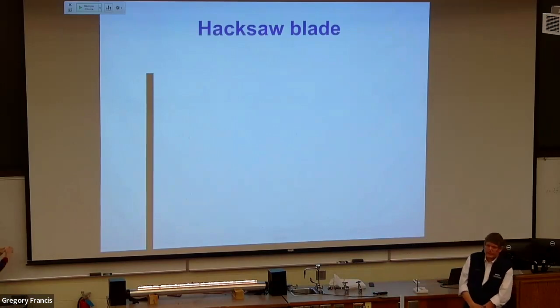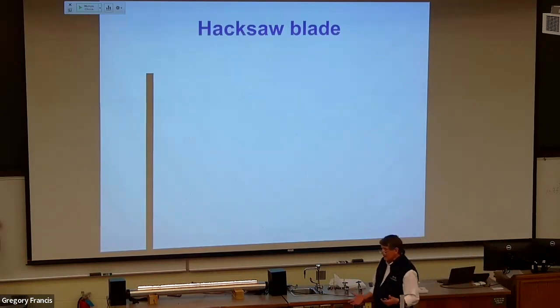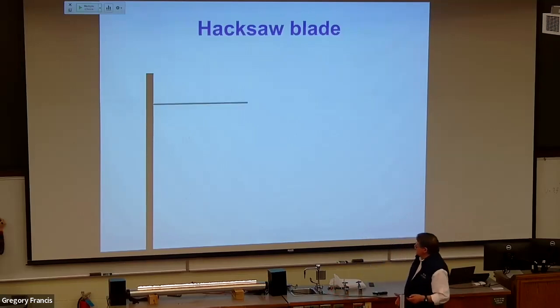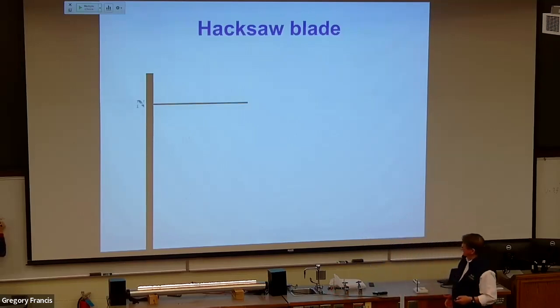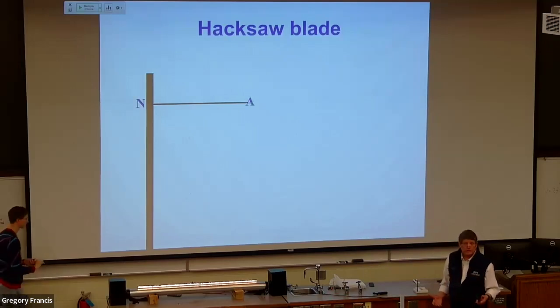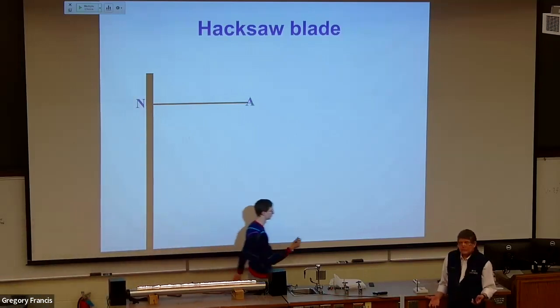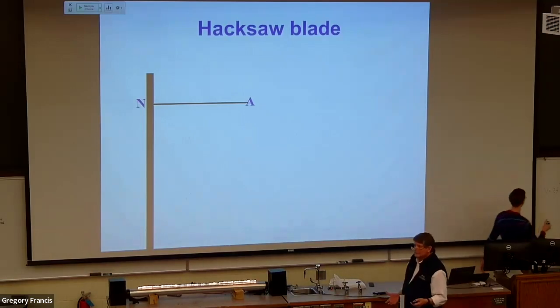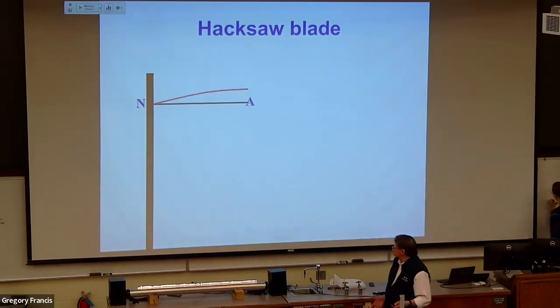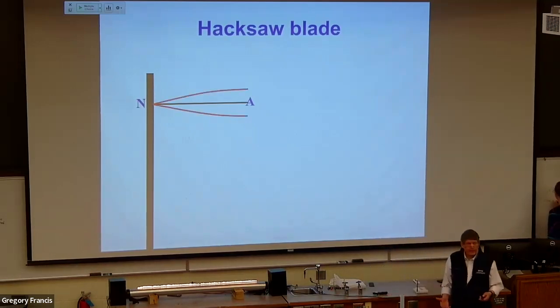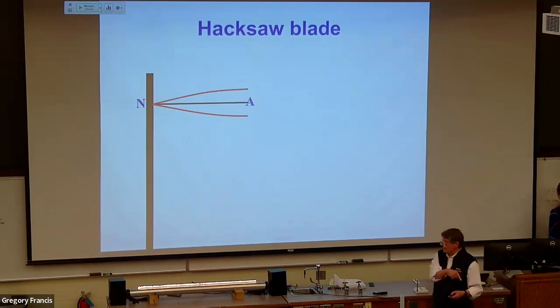We found last day that there was another flavor. We found that in cases where we had ends that were different, where one end was a node and the other end was an antinode, that we didn't start with one whole football. In that case, we started with just half a football. But the old rule still applies.